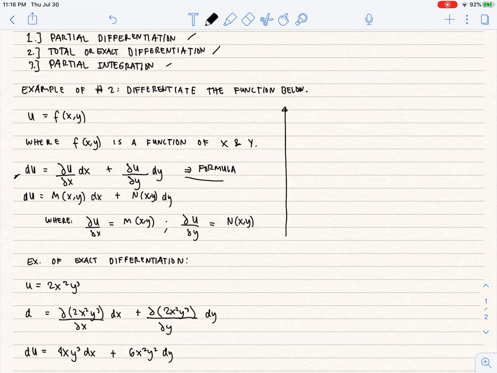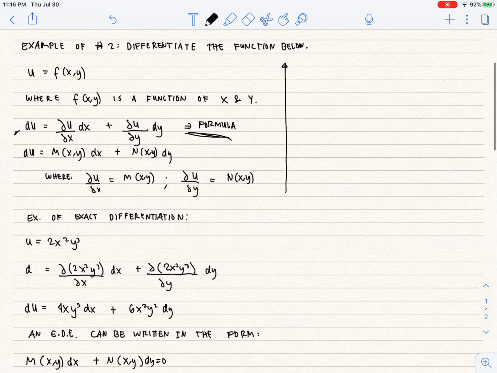So this is the formula. So if we are going to solve this, we will come up with this derivative. So then also this will become this derivative.